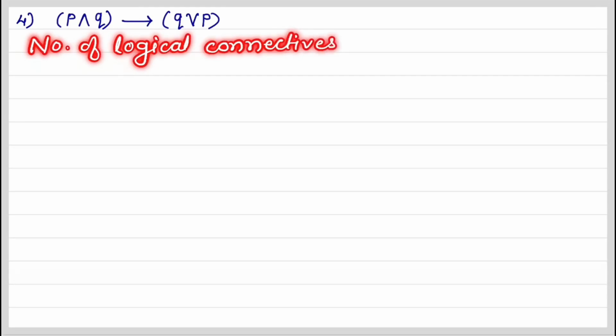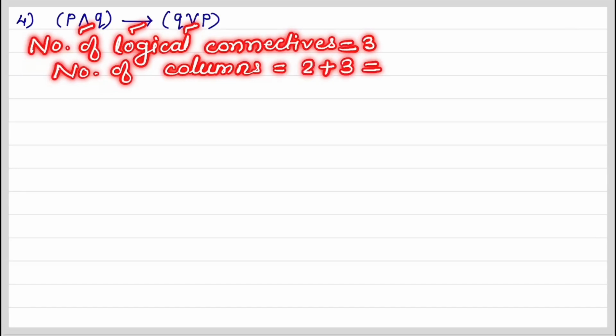Number of logical connectives? 1, 2, 3. 3 logical connectives. That means 5 columns. We have to form truth table with 4 rows and 5 columns. P, Q, P and Q. Next column is Q or P. And last column P and Q implies Q or P.